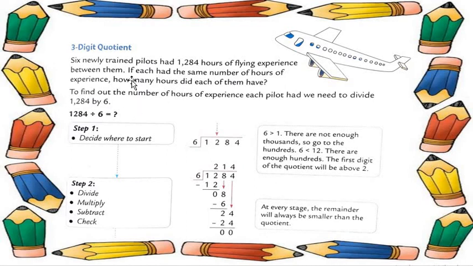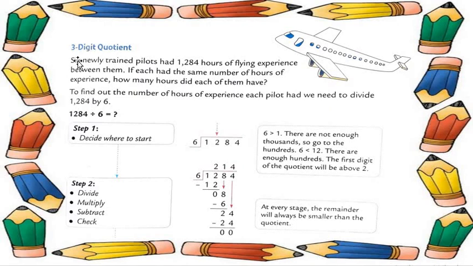Between them, if each had the same number of hours of experience, how many hours did each of them have? To find out the number of hours of experience each pilot had, we have to divide.